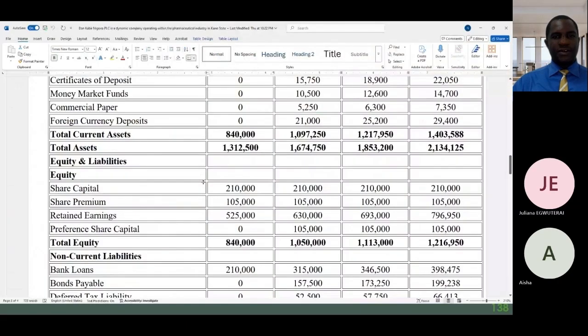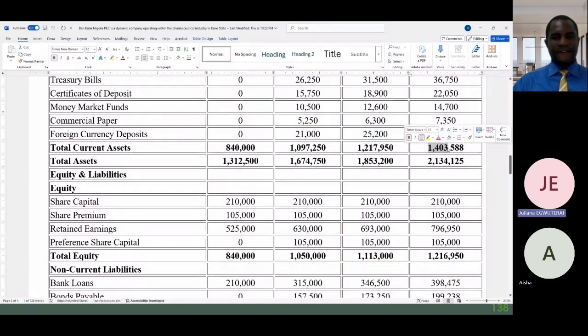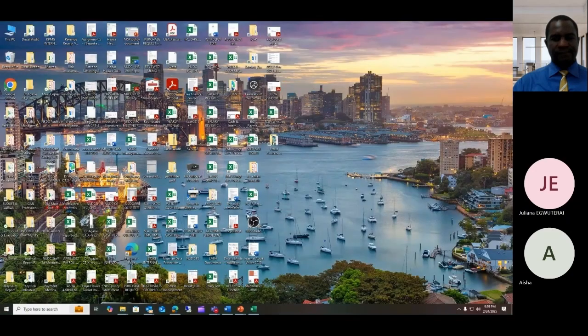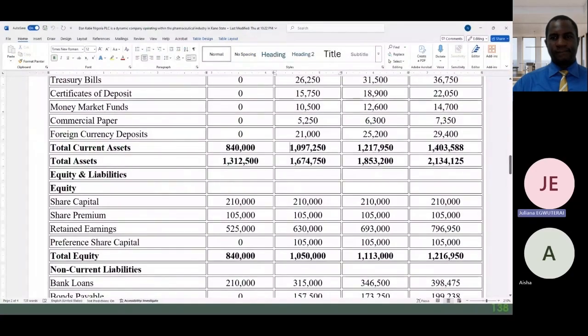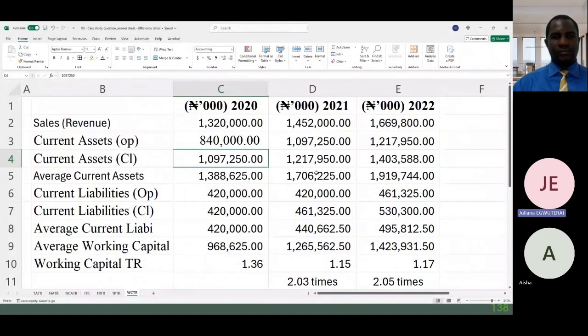So the current asset figure is 840, 1097, 1217, and 1403. 1097,250 plus 1217,950 divided by 2. 1157600. Yes. Then where did you get current liability? Where did you get 1175600?